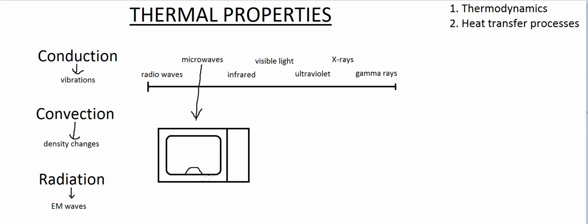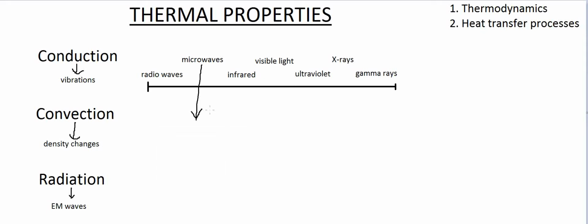How microwaves heat your food is that from the side they emit these microwaves, which are a form of radiation, and these microwaves will transmit heat energy to your food and heat it. Yeah, that's about it.